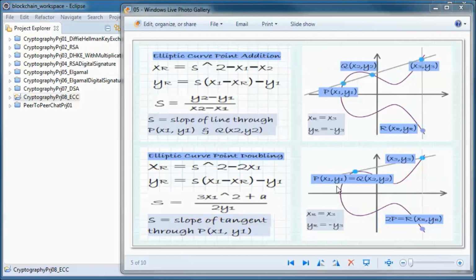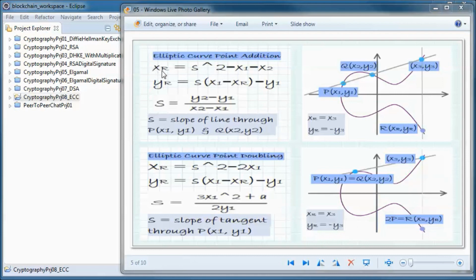And here in the case of point doubling, we have P and Q are the same point, so x1, y1 and x2, y2 are the same, and we have x3, y3 as the second intersection point. So 2P is equal to R with coordinates xr, yr, and xr is equal to x3 and yr is equal to minus y3.